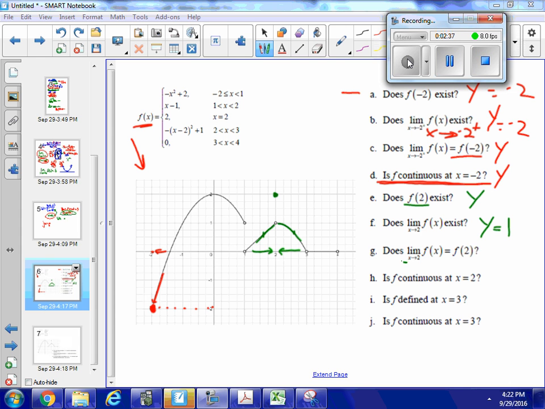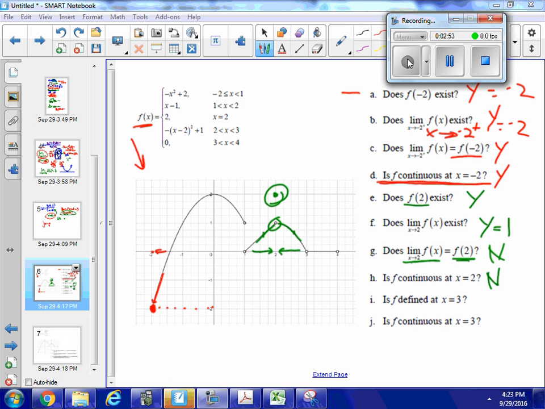So does that limit equal f of 2? No, it does not. f of 2 is up here at 2. The limit is right here at 1. So no, it is not equal. So it is not continuous.